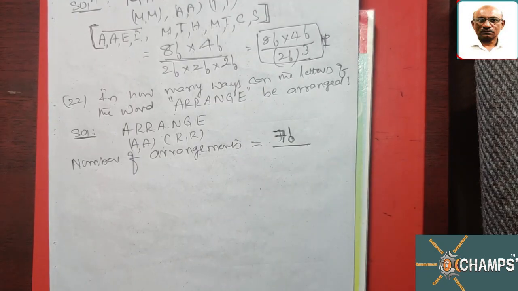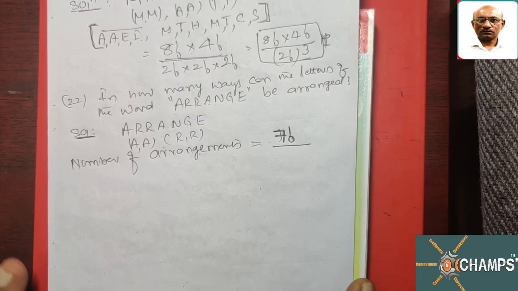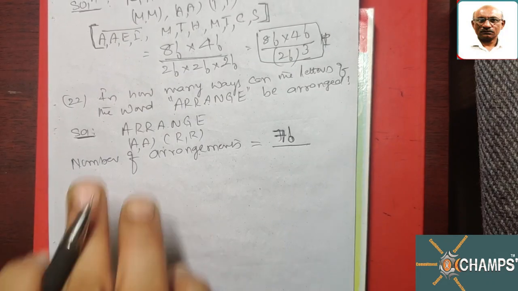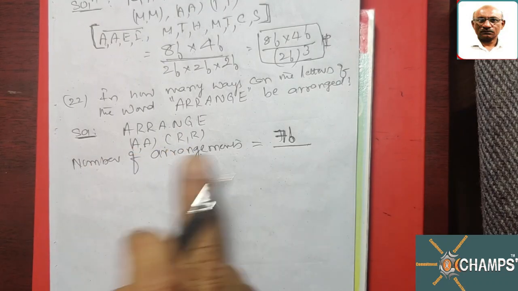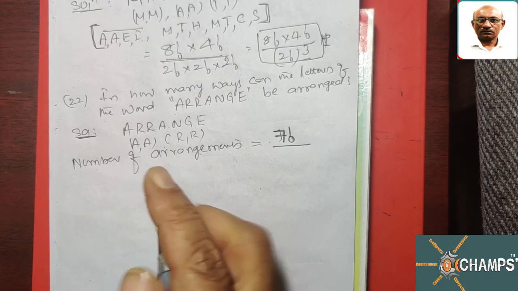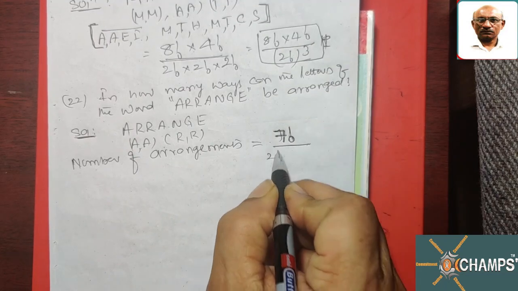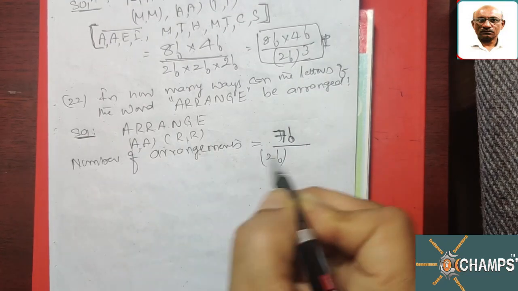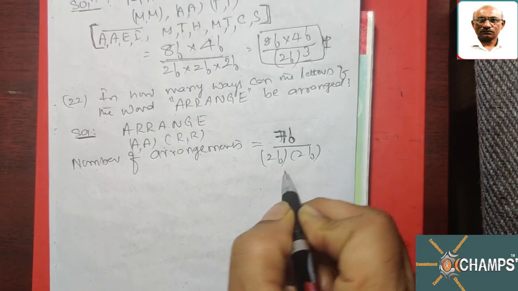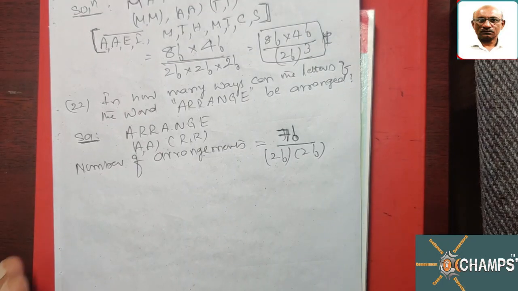Divided by, to avoid the double counting, I'll see how many letters are repeated and how many times each one is repeated. A is repeated 2 times, 2 factorial. R is repeated 2 times, 2 factorial. This is the answer to the given question.